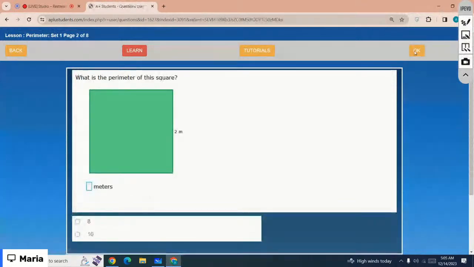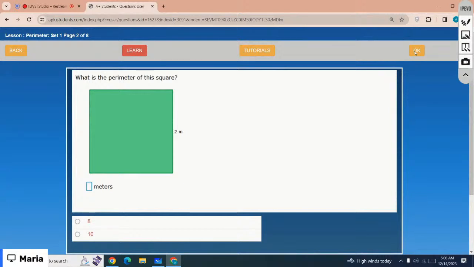Okay. What is the perimeter of the square? Which is the correct option? Yes, the perimeter is the sum of all four sides, right?